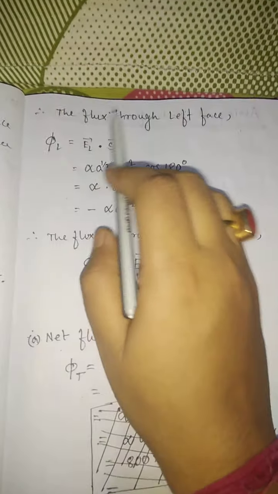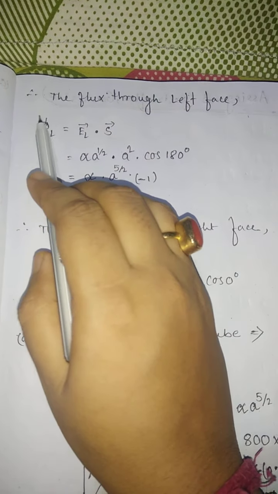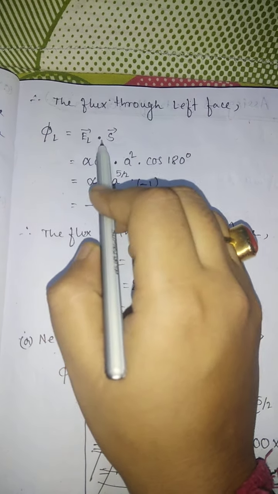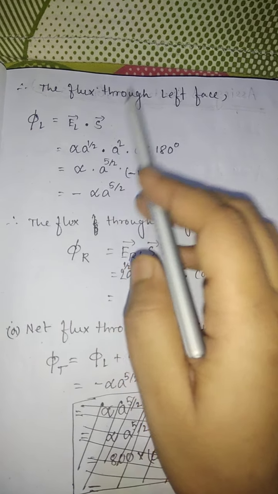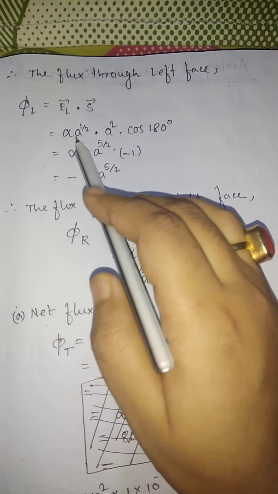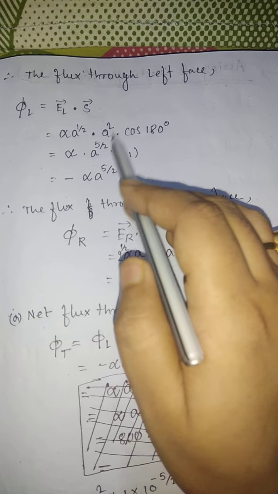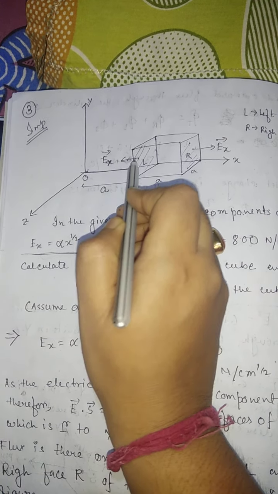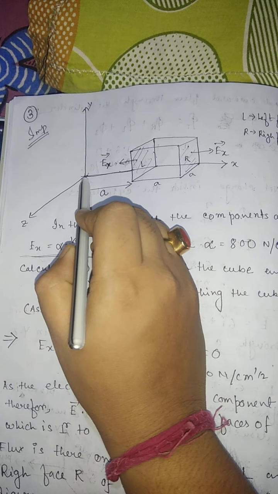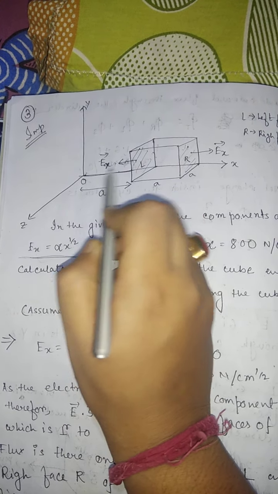So this is the electric flux through the left face, phi L, that is equal to EL dot S. We know this from Gauss law. Now S is the area of the cube. Area of the cube means all sides are a, that is a square. So alpha a to the power half into a square and cos 180 degrees. Why cos 180 degrees? Because the electric field is in this direction, but the area vector is in this direction.